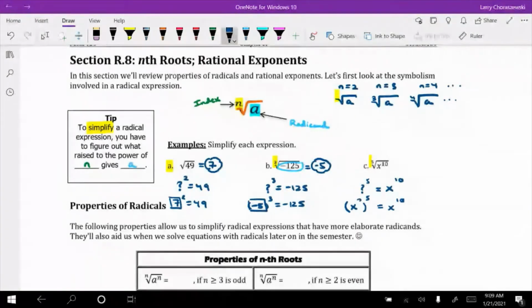Yep, power of 2, okay? So x squared raised to the 5th does give us x to the 10th, because a law of exponents says that you would have to multiply 2 times 5, and that would most certainly give us the 10. So it's this x squared that serves as the 5th root of x to the 10th.